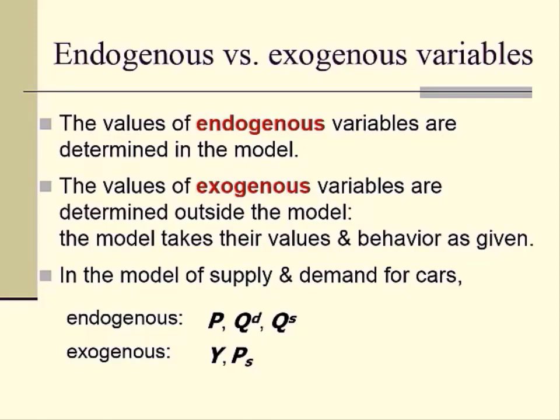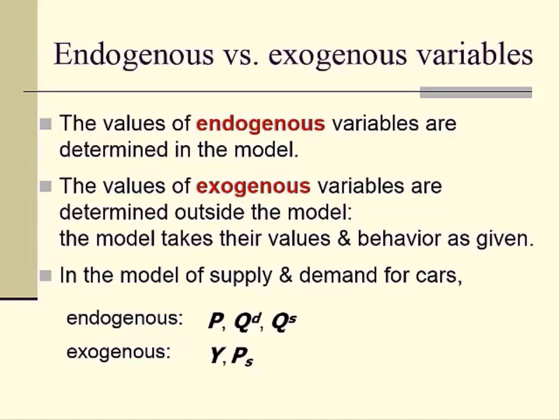It is depicted along the curve, the movement along each of these demand and supply curves, whereas changes of exogenous variables, that is, Y and PS changes, will lead to shifting of these two curves. And we could use this supply and demand model to actually predict the difference between initial equilibrium versus final equilibrium when these exogenous variables changed that lead to shifting of these two curves.